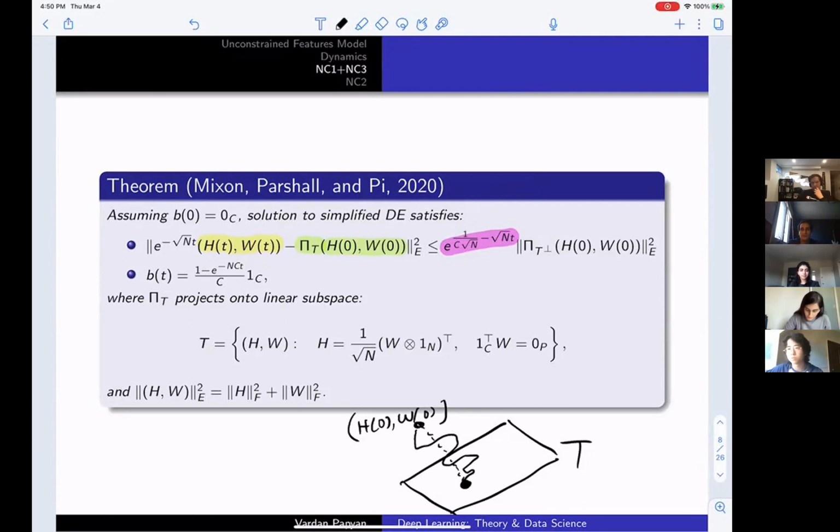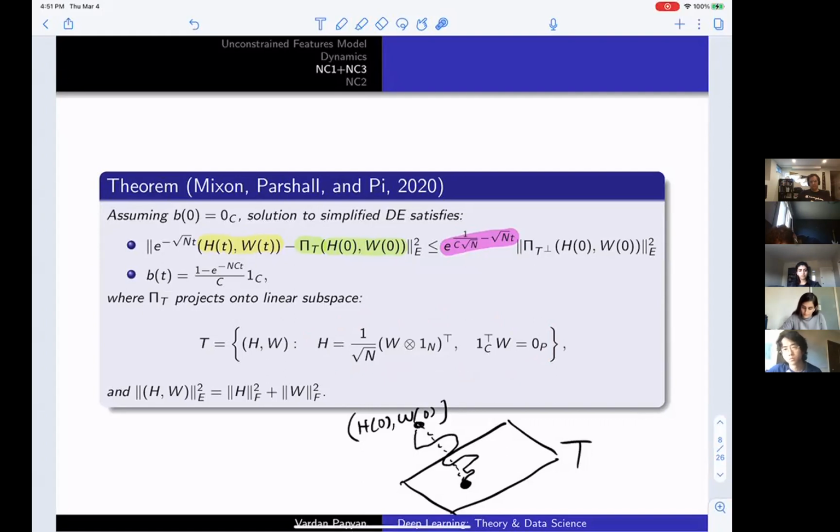So let's answer Neil's questions. Neil had many questions. The first question Neil asked was, what is this linear subspace? The linear subspace is defined over a tuple of H and W, and the subspace is the set of H and W's that satisfy these constraints.